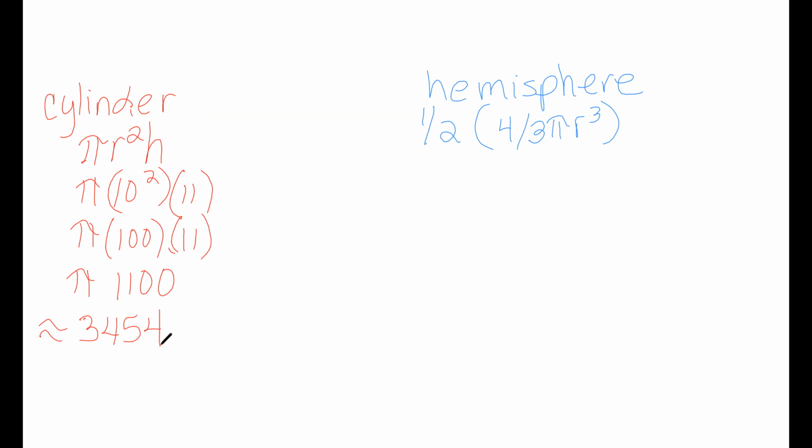So now just looking at this, if you can still see A on your printout or on your computer, what are we eliminating? A, B, and C, right? The 3,454 is just the cylinder. So everything less than that you can eliminate, and then the answer has to be D.